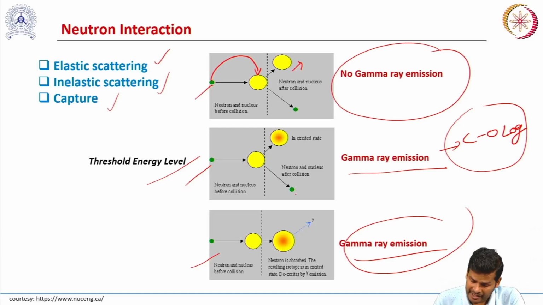Now the energy of the gamma ray emitted after the inelastic scattering is related to what type of nucleus it is. That means different nuclei will emit gamma rays of different energy. So by monitoring the gamma ray energy and the gamma ray count, we can get an idea about what type of elements or nuclei are present inside the formation, which is used in mineral identification.